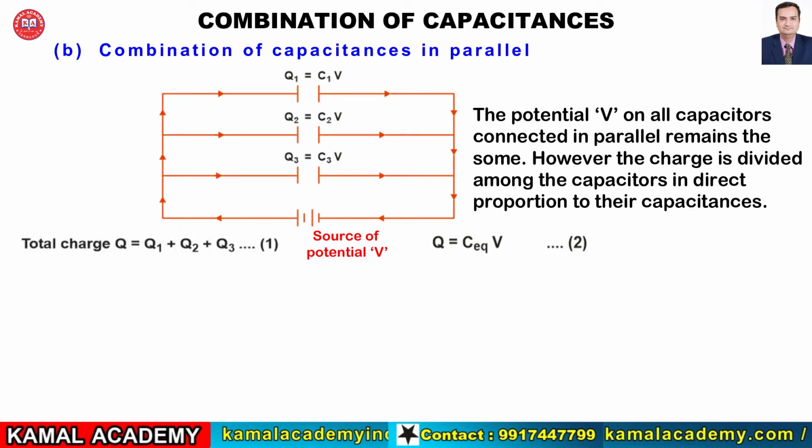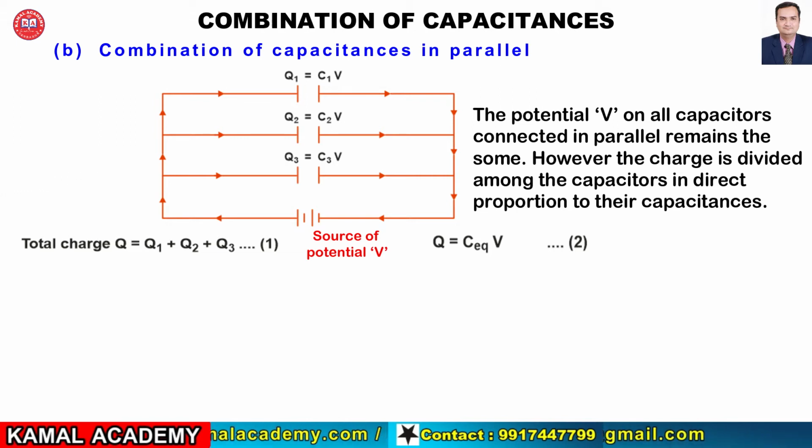If C equivalent is the equivalent capacitance in parallel combination of capacitances, then the total charge Q supplied by the source is given by Q is equal to C equivalent into V. Comparing equation 1 and 2, we can substitute Q as C equivalent into V, Q1 as C1V plus Q2 as C2V plus Q3 as C3V.